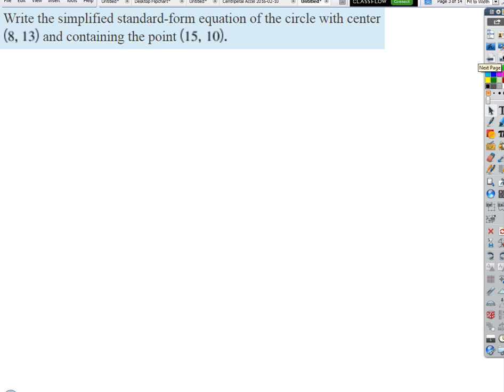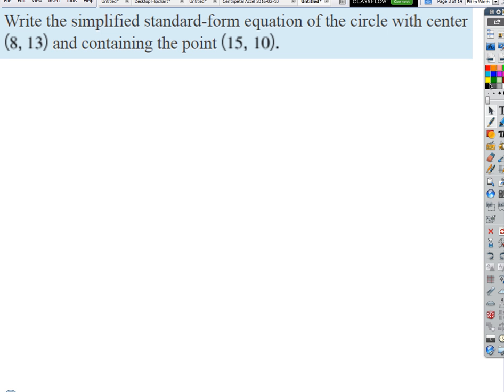Okay, so what about this guy? This one's just slightly different. Let's start off once again with the standard form. Now this time they're giving us h and k, right? Everybody agree? So h is 8, k is 13, but they're not giving us the radius. They're just giving us the coordinates of another point.